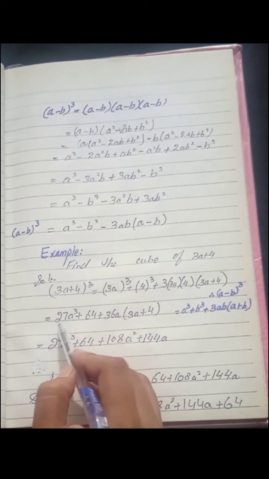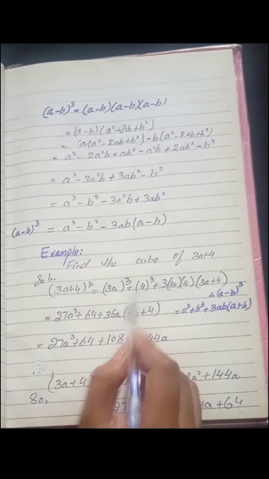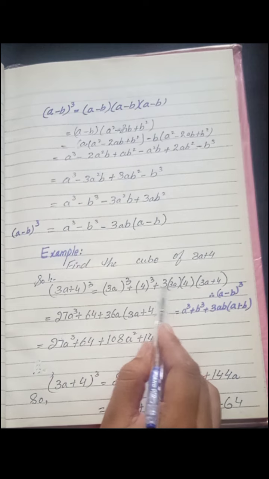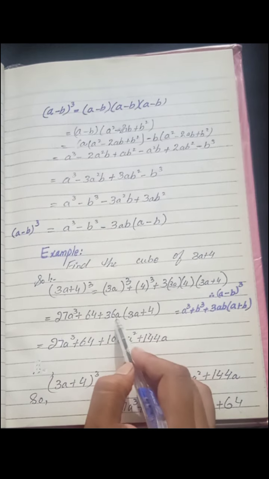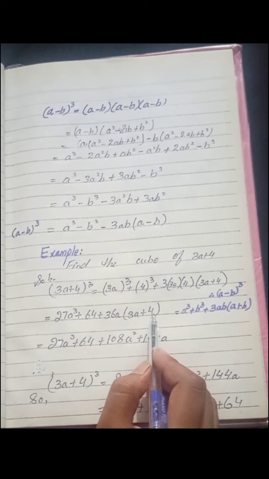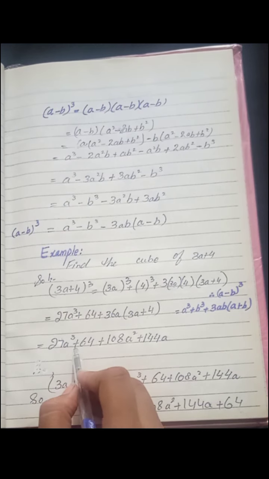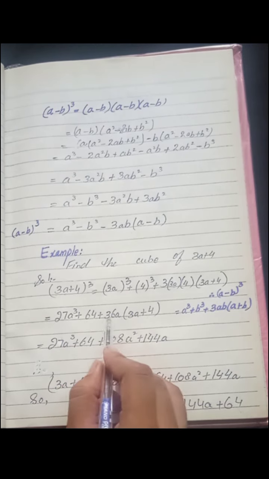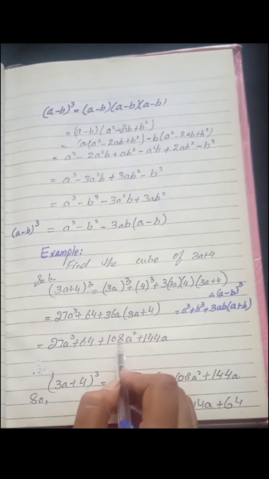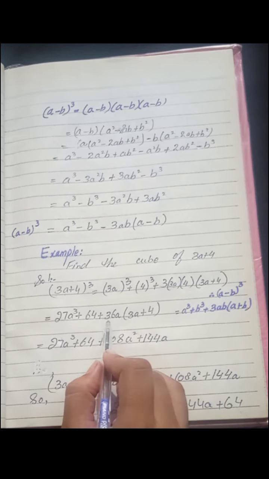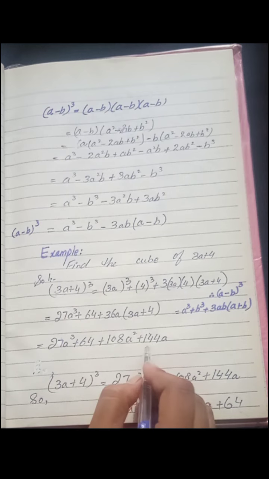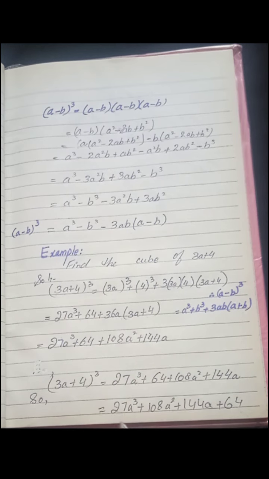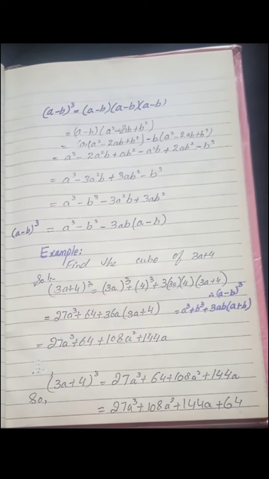The cube of 3a we have 27a cube, plus cube of 4 we have 64, plus 3 3s are 9 and 9 4s are 36a, then 3a plus 4. Now 27a cube plus 64, now we multiply 36a with 3a, we have 108a square. Similarly 36a multiply with 4, we have 144a. If we arrange according to the powers of a, we have 27a cube plus 108a square plus 144a plus 64.